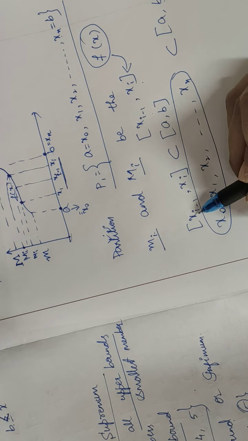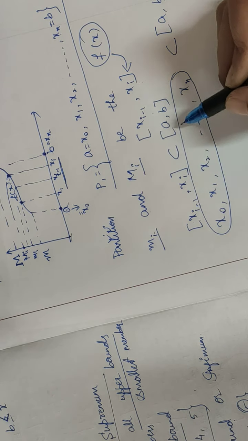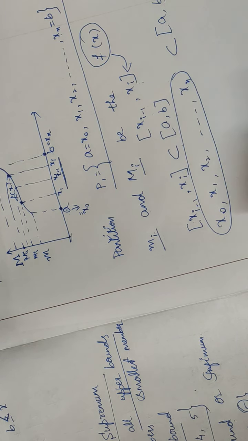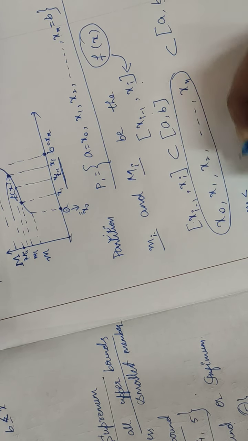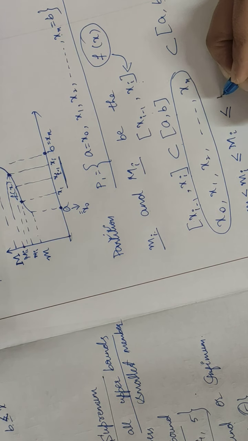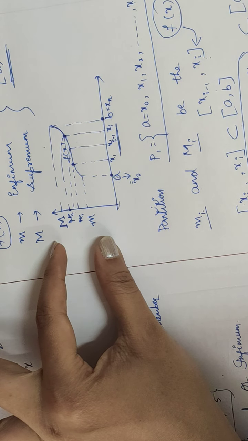So in general, the closed interval xi minus 1 comma xi is a subset of the closed interval a comma b. Then this is nothing but m is less than or equal to mi, which is less than or equal to capital Mi, and this is less than or equal to capital M. You can observe clearly in this diagram.